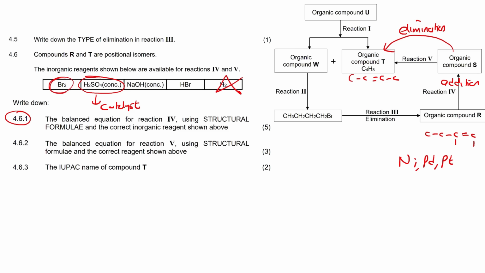We're also not going to use Br2. The reason is, if we did add Br2, then you would end up having a Br added here and a Br added here. So compound S would then look something like this. You would have a Br over there and a Br over there.